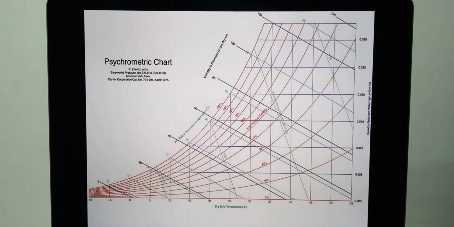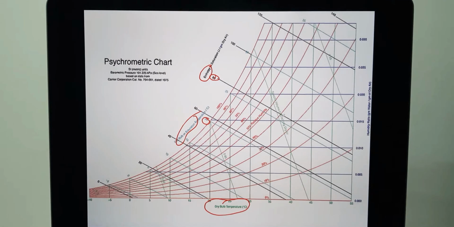Okay, this one is the psychrometric chart, where you can see at the bottom here is the dry bulb temperature. Alright, and then this one, the blue color, okay, this particular blue, 20, is for the wet bulb. Alright, and the black color represents enthalpy. Okay, clear?